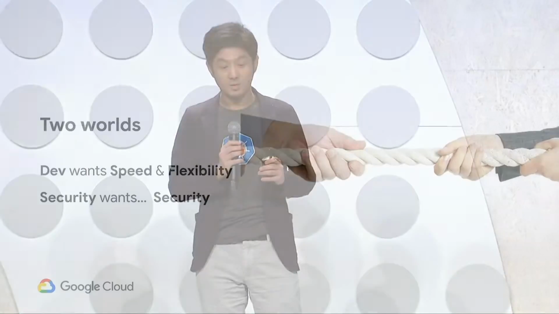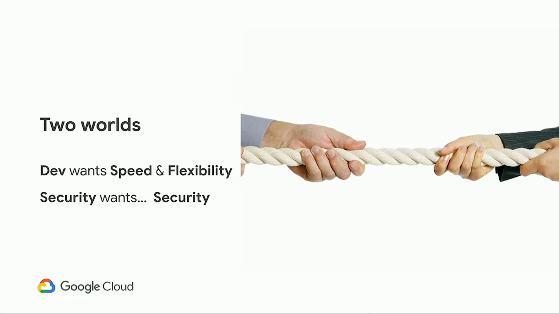The reason I asked this question comes from my experience meeting with users and customers like yourselves. I feel lucky that I can have an interaction with you all the time. One thing I realize is that there are two sides when I go to these meetings. One side is developers, application developers, DevOps, SREs who really care about speed and flexibility, those people who like containers and Kubernetes.